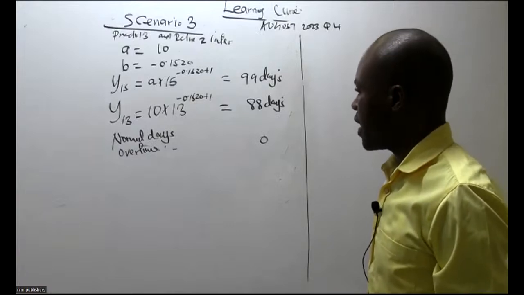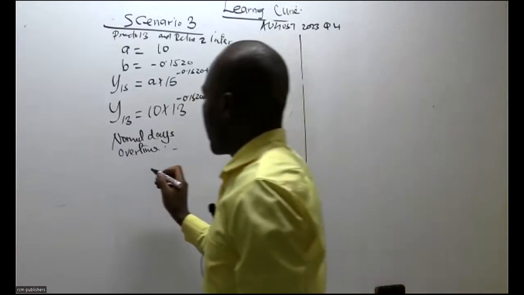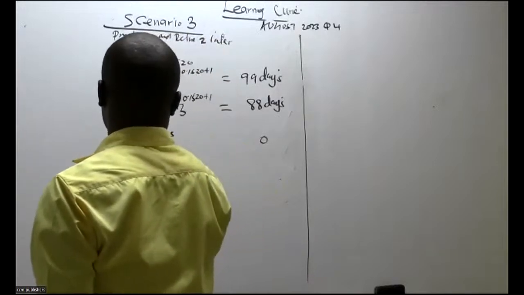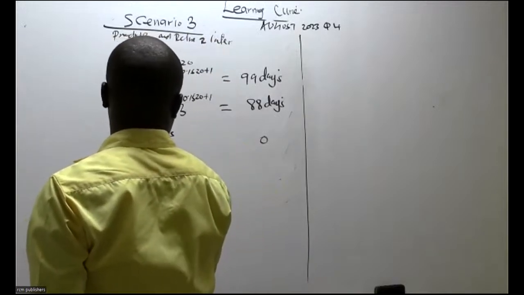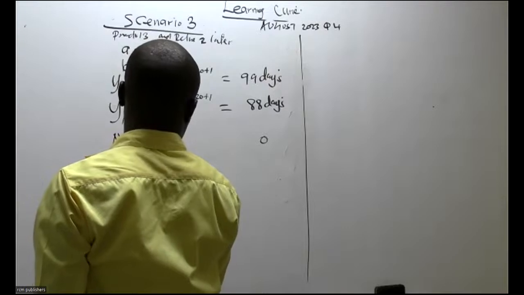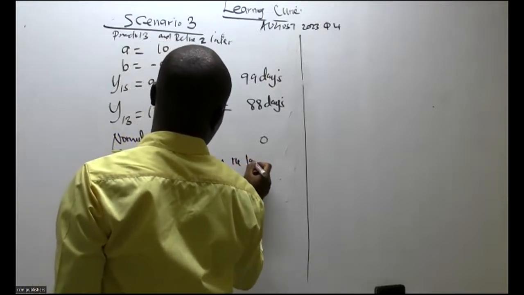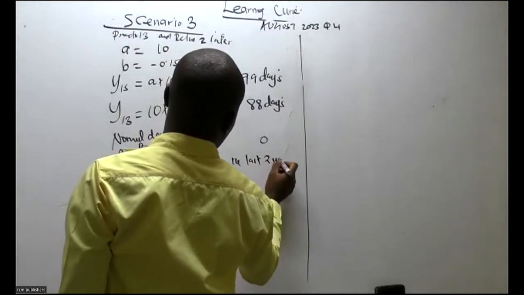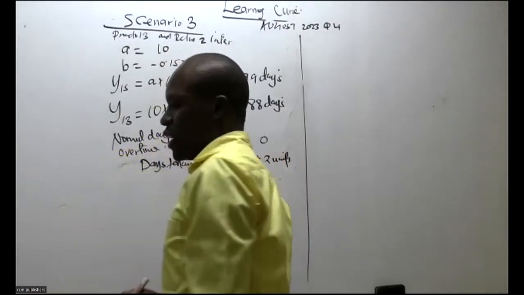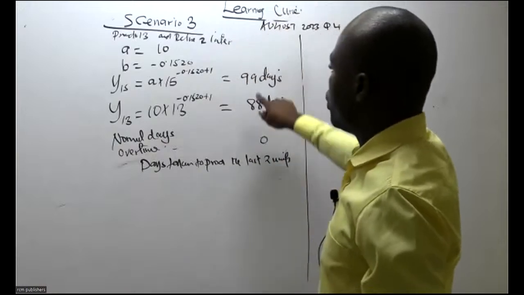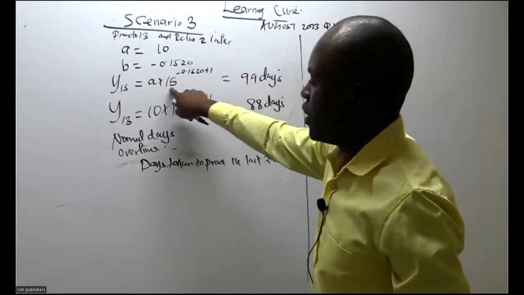Great. Having done that, we want the days taken to produce the last 2 units. They took 99 days to produce 15 units.